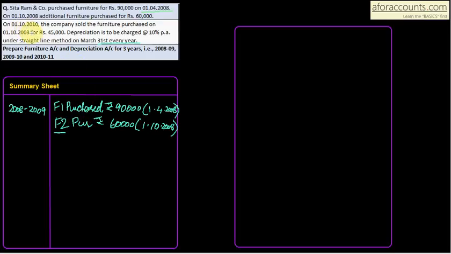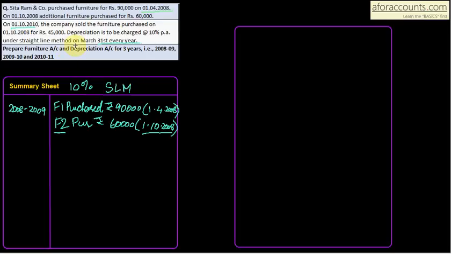On 1/10/2010, the company sold the furniture purchased on 1/10/2008. That means F2 is being sold on 1/10/2010 for rupees 45,000. Depreciation is to be charged at 10% per annum. So write in the summary sheet that the rate of depreciation is 10%, under straight line method, that is same depreciation every year, SLM.